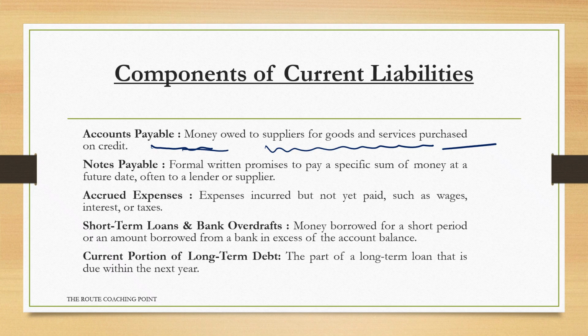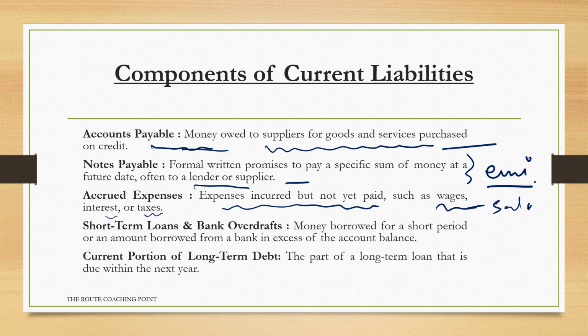Then notes payable: formal written promises to pay a specific sum of money at a future date, often to a lender or a supplier. So if we have taken short-term loans, the EMI we have to pay. Accrued expenses: expenses incurred but not yet paid, like wages, interest, taxes, salary, electricity bill not paid.